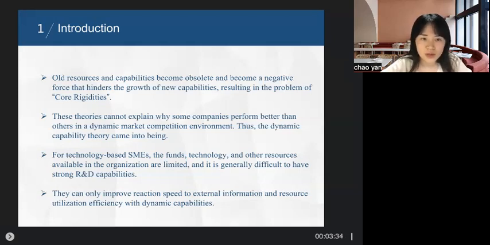For technology-based SMEs, technology and other resources available in the organization are limited, and it is generally difficult to have strong R&D capabilities. They can only improve reaction speed to external information and resource utilization efficiency with dynamic capabilities.